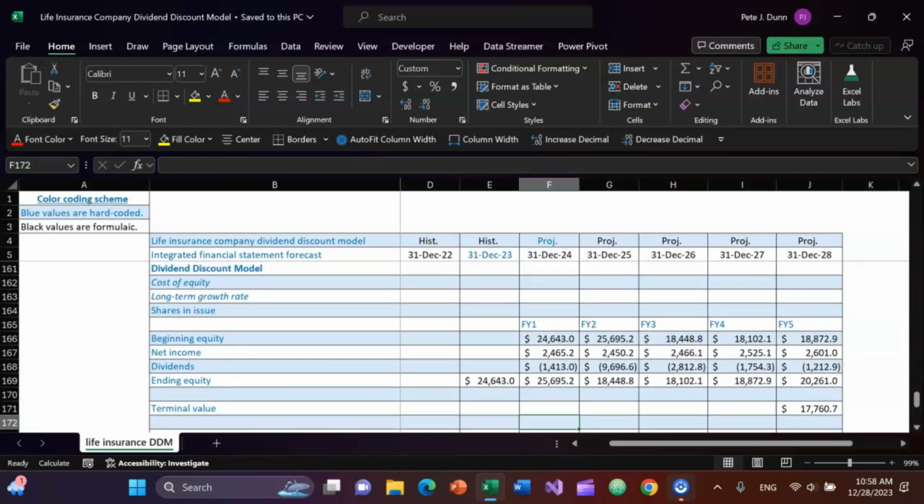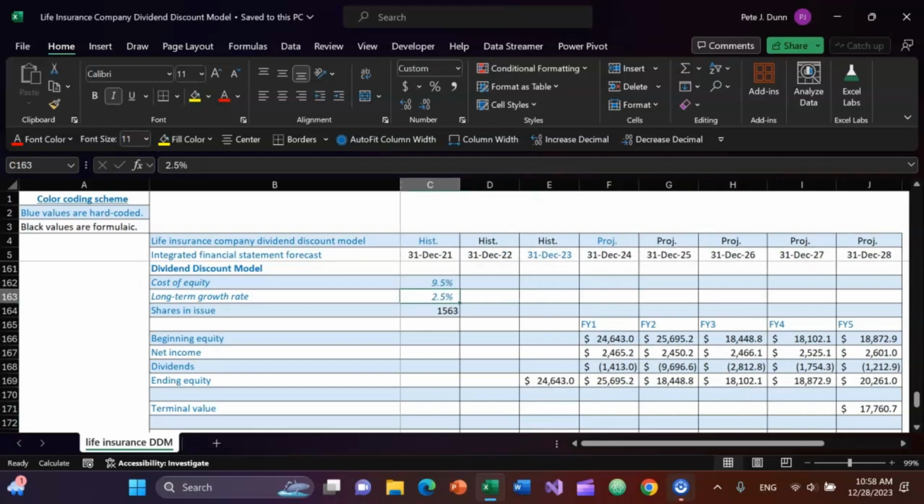Now we get to the dividend discount model itself, since we've forecasted the three financial statements. And what I do here, I'm just hard coding in cost of equity assumptions and a long-term growth rate. We've got shares in issue, and add a comma there.